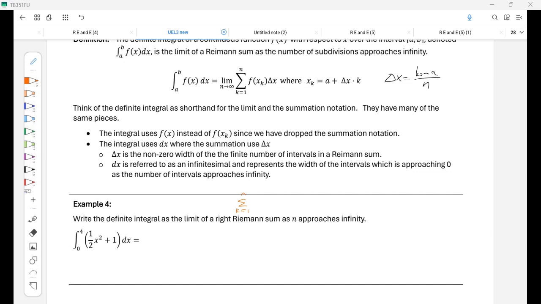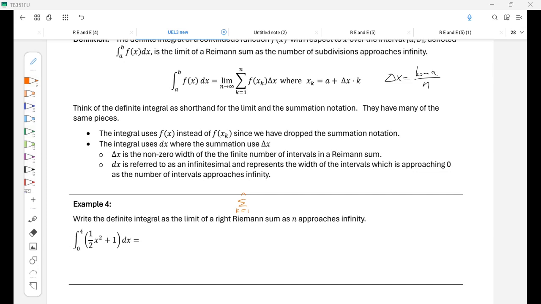After we get our b and our a and our delta x, we will write out our xk. This basically is going to be where you're figuring out each individual height of your rectangle. That's what xk means. So the first xk represents the height of the first rectangle. The next xk represents the height of the second rectangle. So this is just a general formula to find the height of any rectangle along the way.